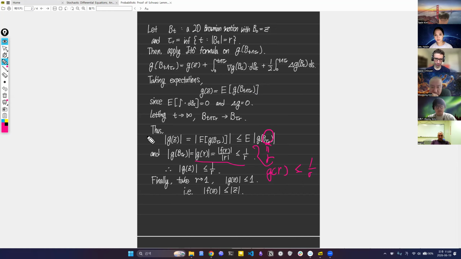Actually, this part is essentially the application of the maximum modulus theorem, and these steps are the essential part of the proof of the maximum modulus principle through the probability method.